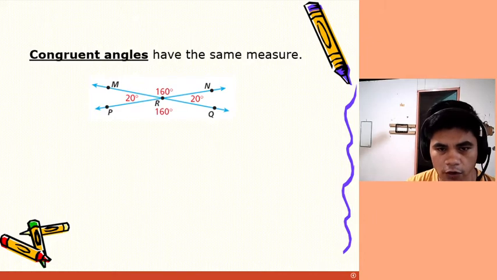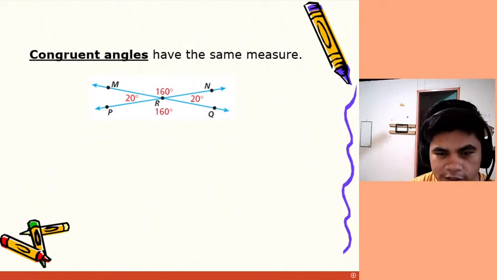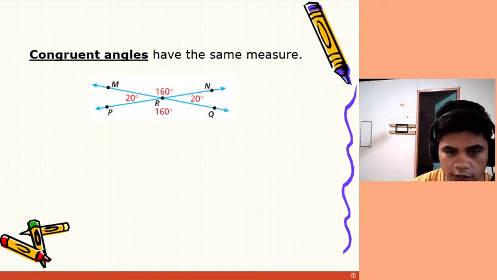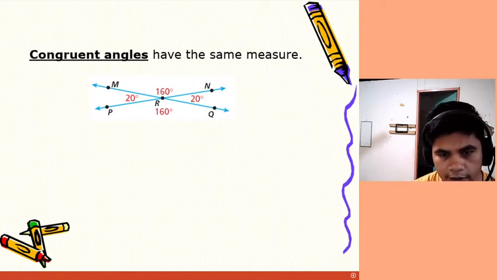Now, to recall, congruent angles have the same measure. Example here, we have 160 degrees, and the opposite is 160 degrees also. So angle MRN and angle PRQ are congruent angles, and since they are congruent, they have the same measure.